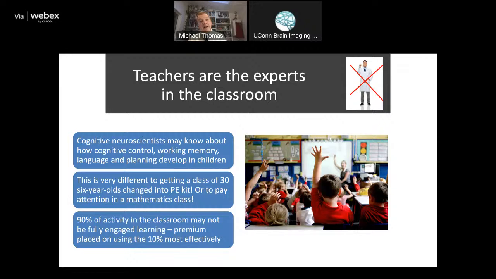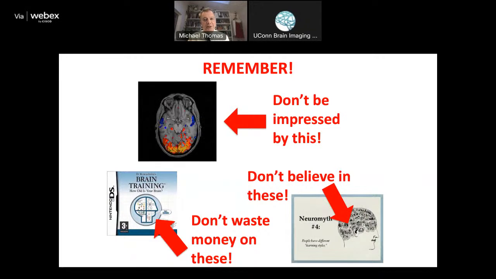And that's where an understanding of learning mechanisms and the cognitive constraints that maximize the operation of those learning mechanisms can come into play. So I'm showing you here a slide. This is routinely what I would show to teachers if I'm talking about educational neuroscience. So you don't have to believe this stuff, but I would say, remember, don't be impressed just by brain images on their own.